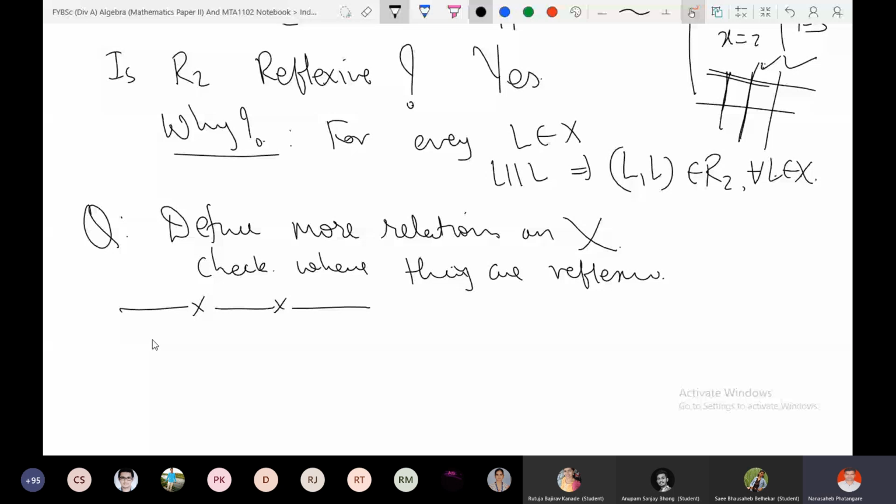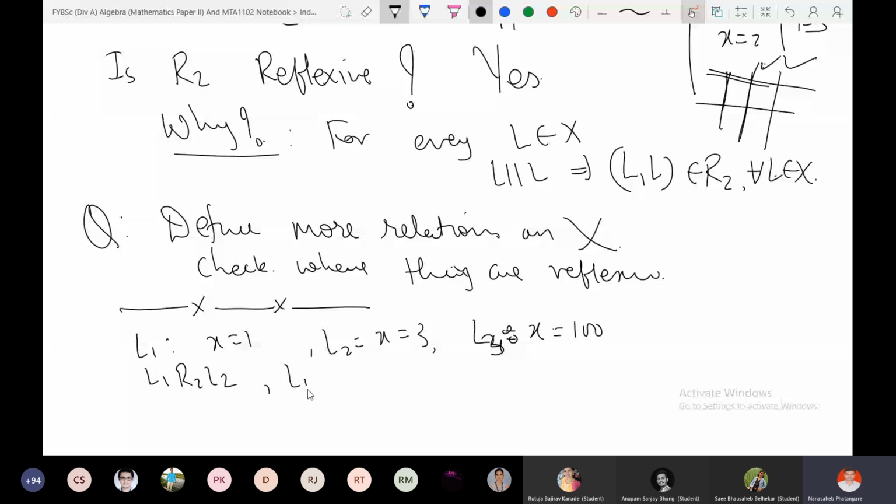For example, L1 is the line x equal to 1, L2 is the line x equal to 3, L3 is the line x equal to 100. So L1 is related to L2, no doubt. L1 is related to L3, no doubt, because these two lines L1 and L3 are parallel.